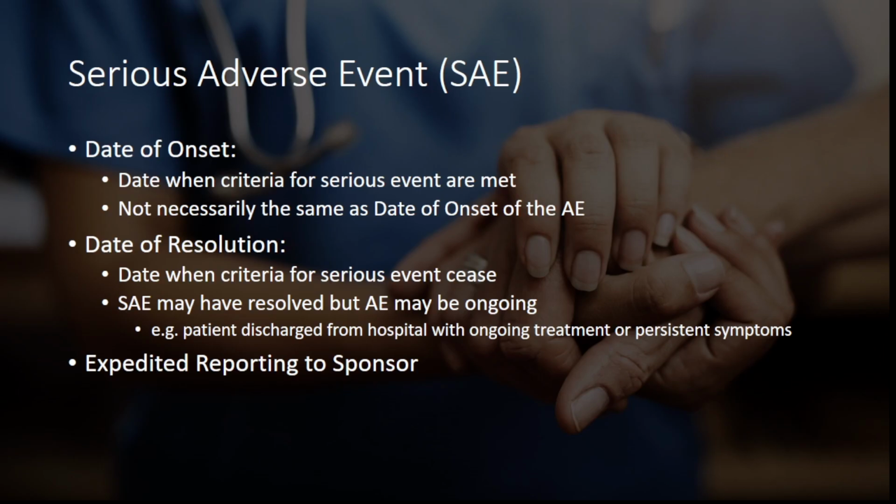The date of onset of a serious adverse event is not when the symptoms started, it's when the event became serious. So somebody who had pneumonia, was 3 days at home, didn't do well and wound up being hospitalised, the date of onset of their SAE is when they enter the hospital. The date of resolution of the SAE is when they leave the hospital or they no longer meet the criterion relevant for seriousness, but they might still have an ongoing infection that hasn't cleared for another 3 or 4 days.